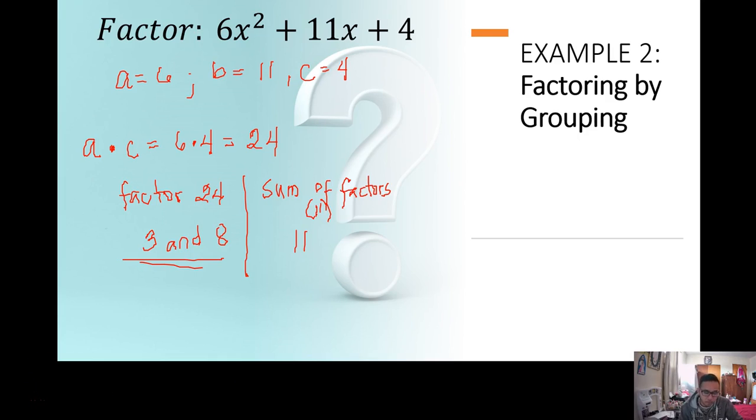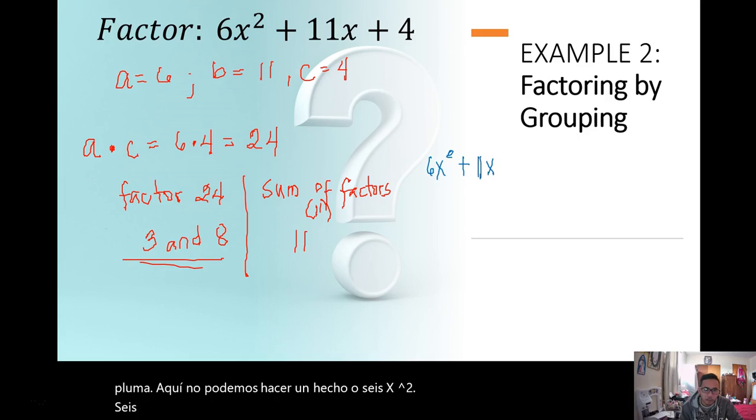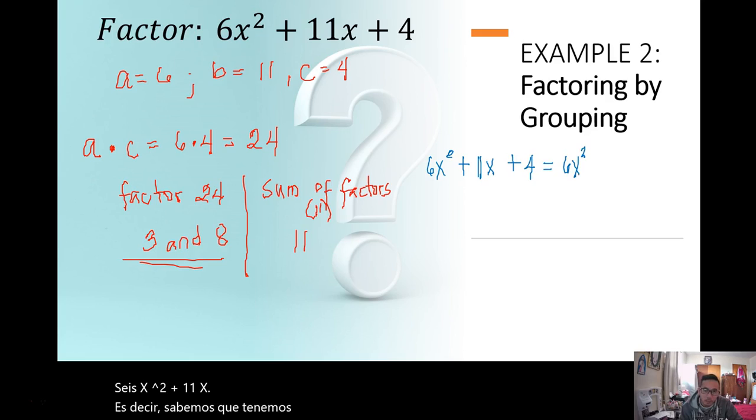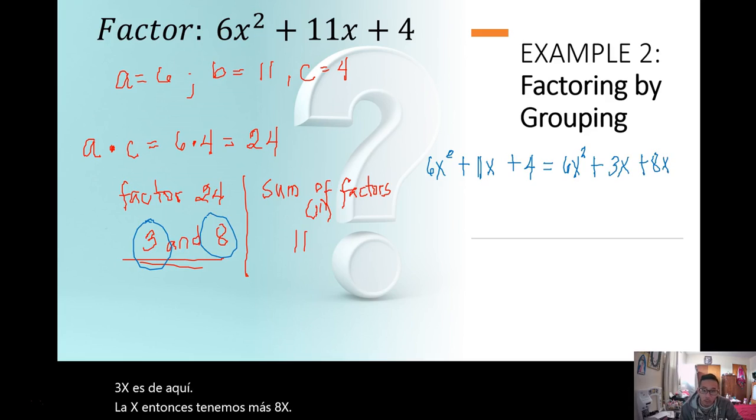So from there I can now factor 6x squared plus 11x plus 4, which we know is 6x squared plus 3x, and then plus 8x, and then of course plus 4.